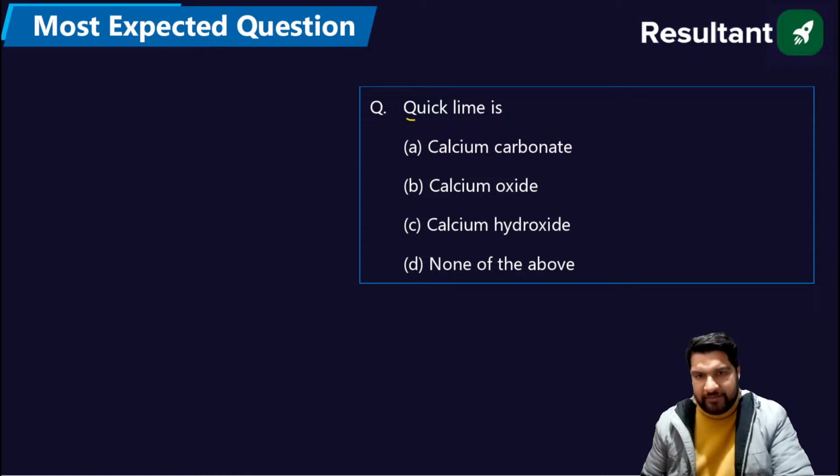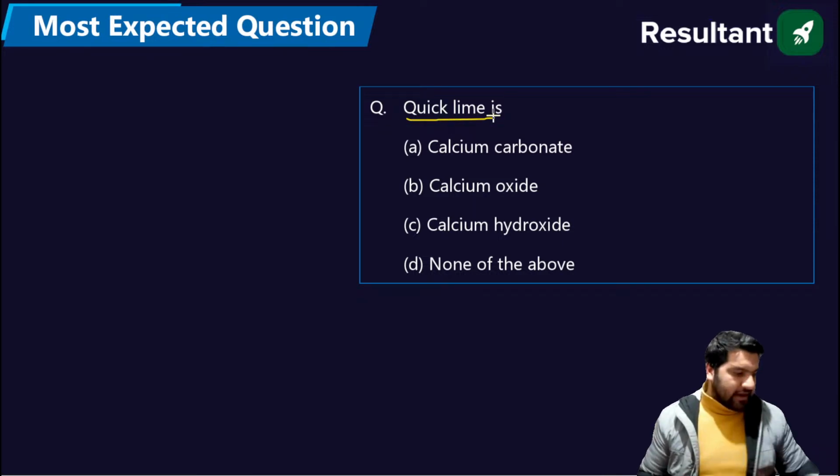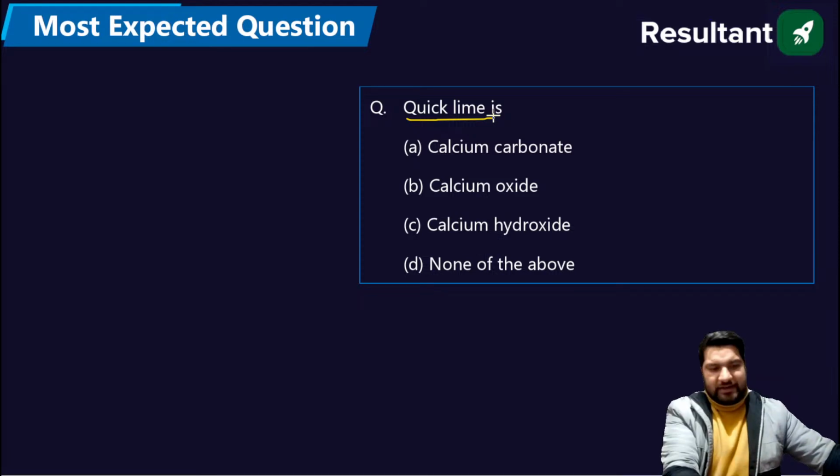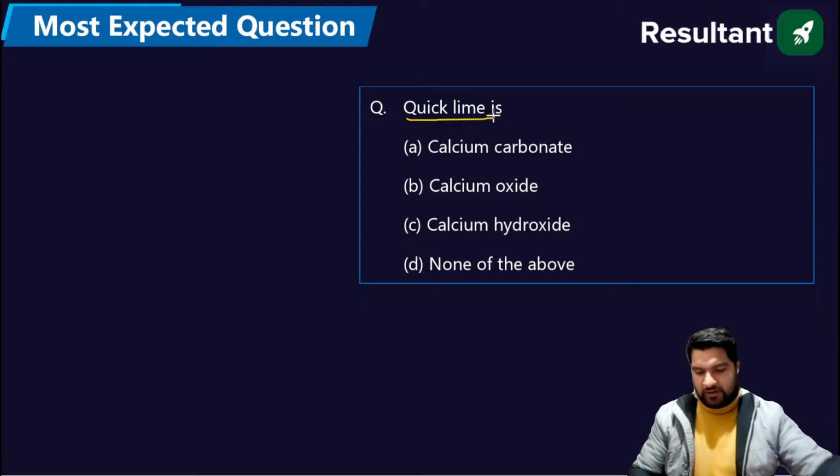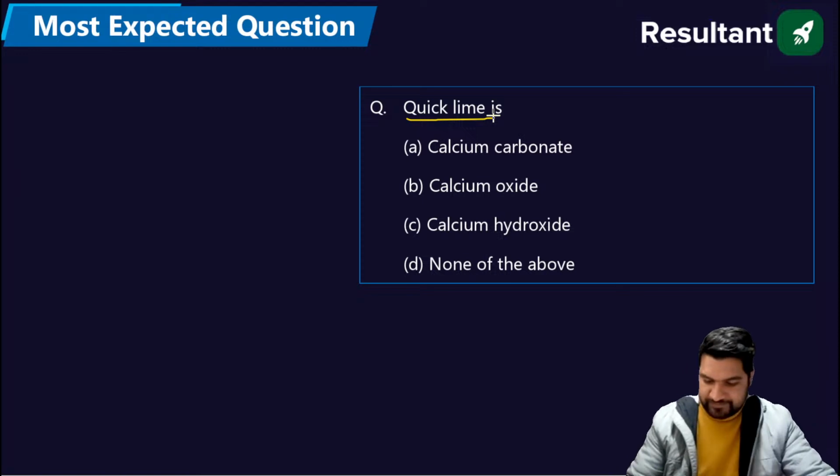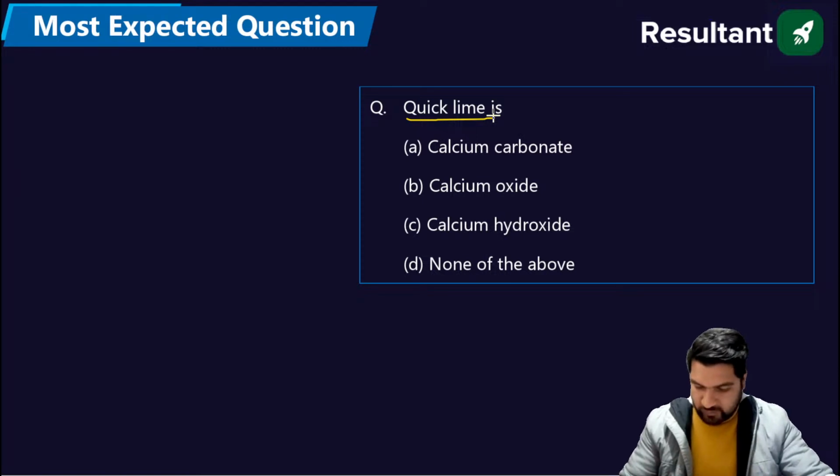So quicklime is actually what? What is quicklime called as? Quicklime is actually calcium oxide.